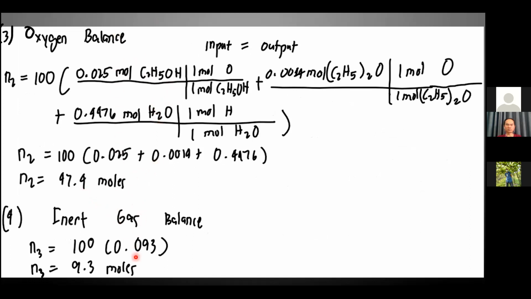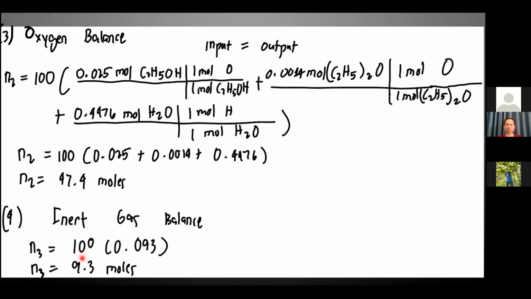And then lastly, for the inert gas balance, the entry in the input is the unknown. And then we have the molar fraction of inert gas. We're going to multiply it to the total effluent gas, the product, which is 100.